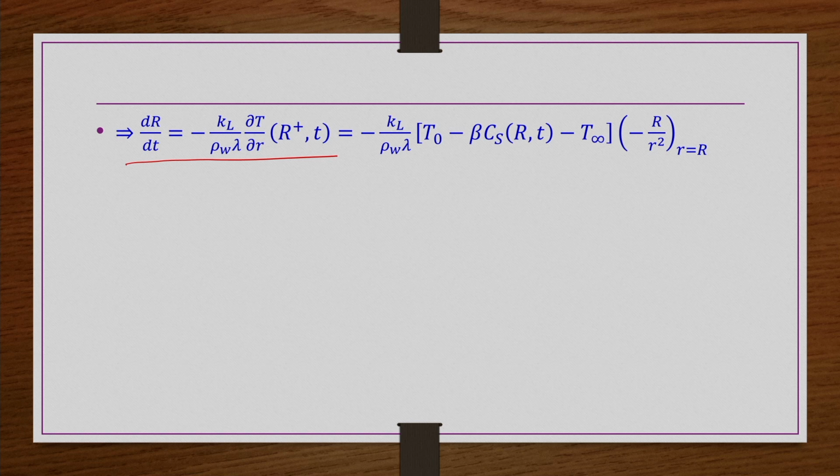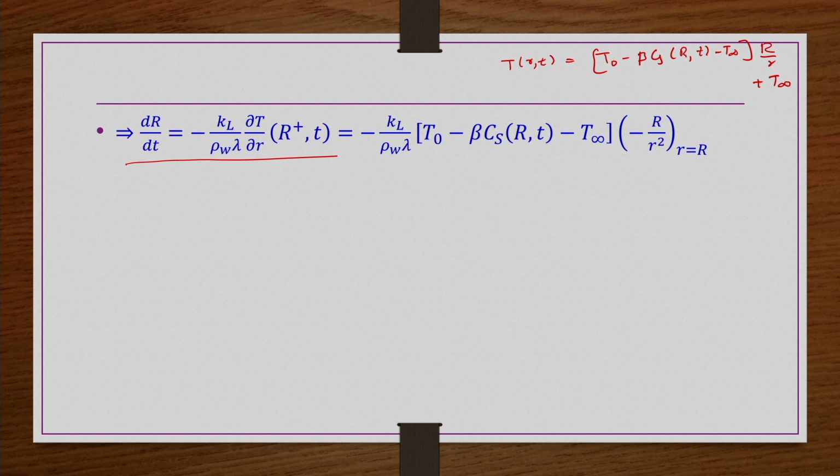Now, the temperature distribution from the previous slide: what did we get? We got T as a function of r comma t as T naught minus beta C_S at capital R comma t minus T infinity, multiplied by capital R by small r, plus T infinity. Right.